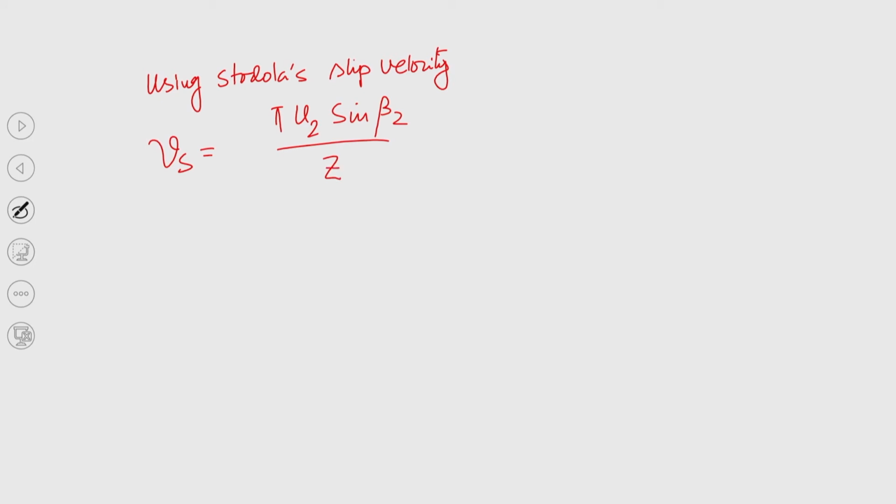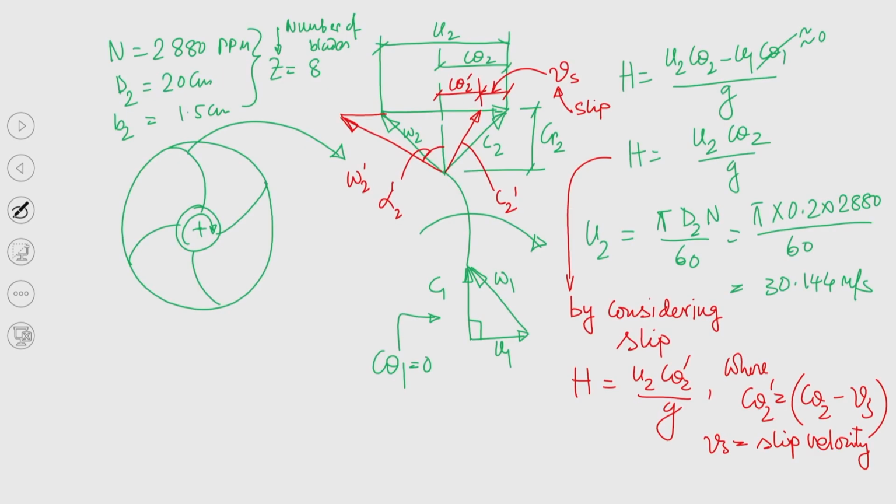This expression we have established in the previous class. Okay. So, now we know U2. So, what about beta 2? If we go to the previous slide, this angle is beta 2 prime, right, or beta 2.